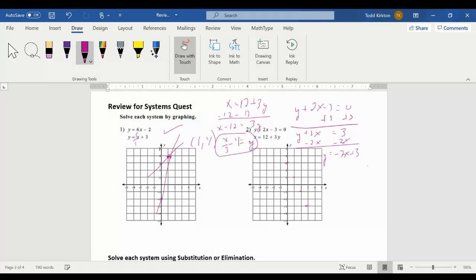So y equals 1/3 x minus 4. So I start at -4, up 1, to the right 3. There's my point where they intersect. The lines aren't very straight. So my answer is 1, 2, 3, 1, 2, 3. So +3 for x, -3 for y.